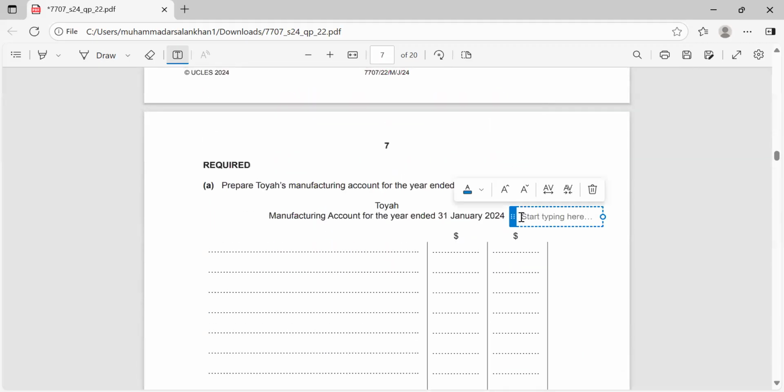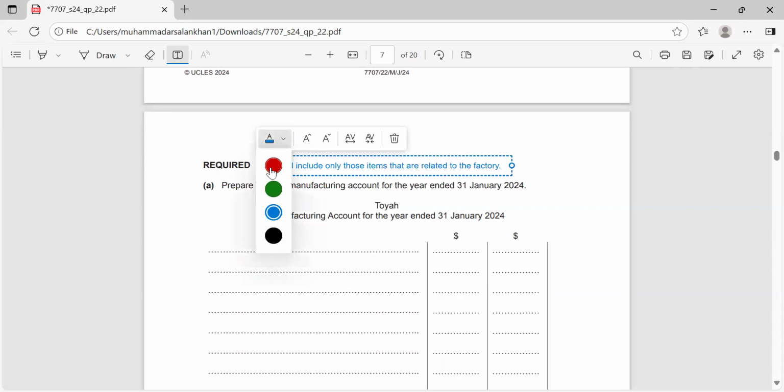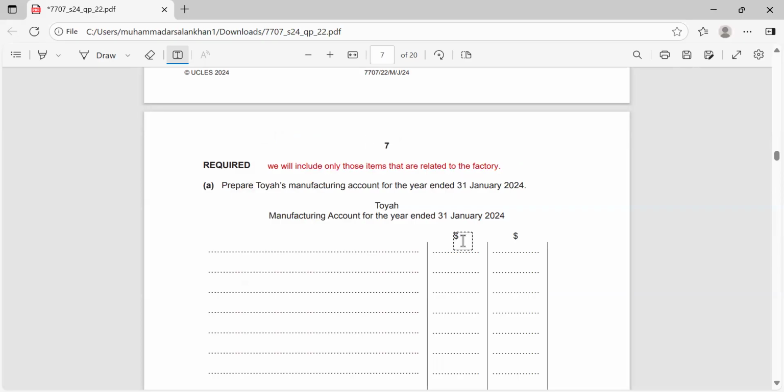So we know that in manufacturing account, if they ask us to prepare a manufacturing account, we will include only those items that are related to the factory. Like raw material that is used in the factory, and all the expenses that are used in the factory.